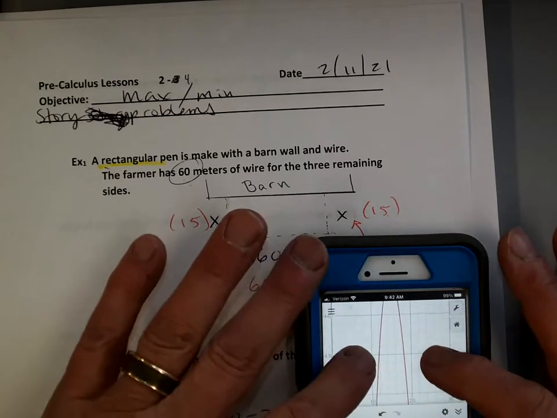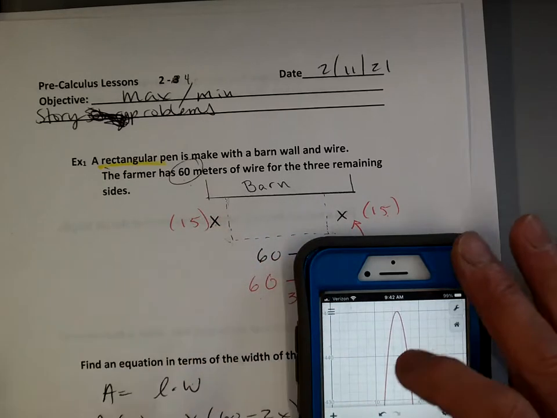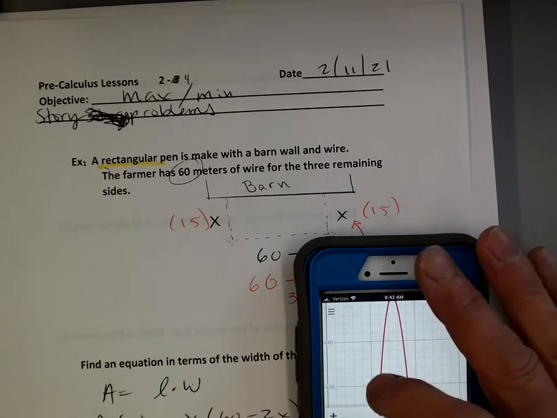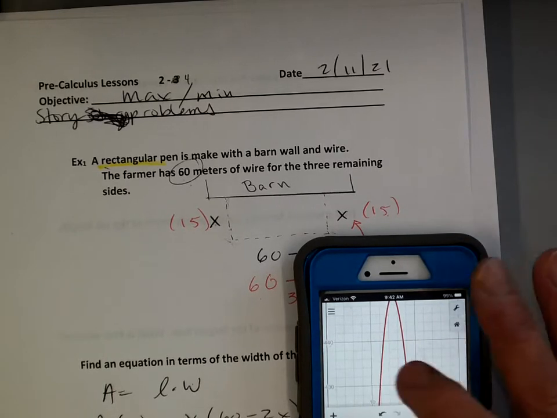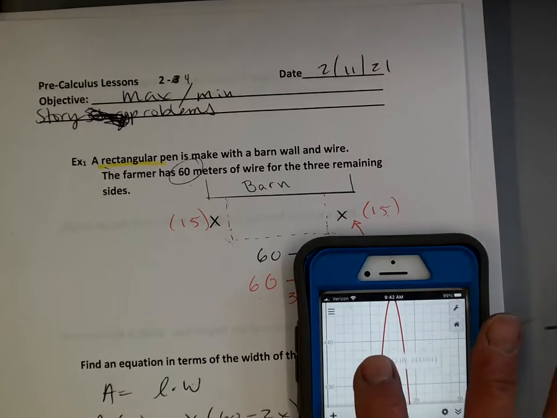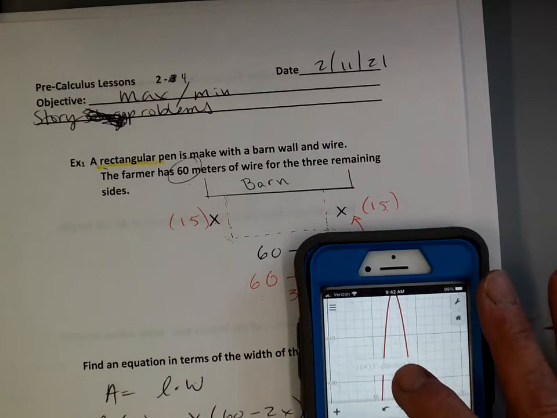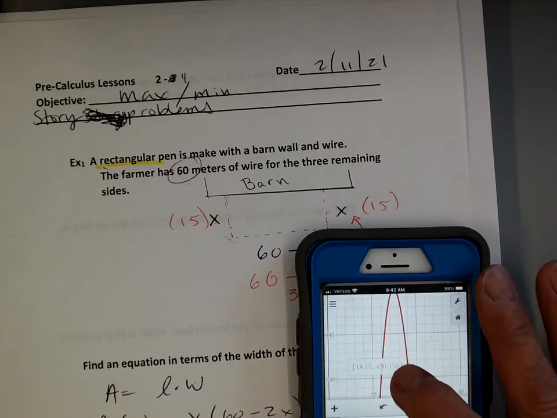But what about all the rest of these points? For example, if I tap anywhere, let's see if I get a point somewhere. There you go. All these other points are widths and areas, right?